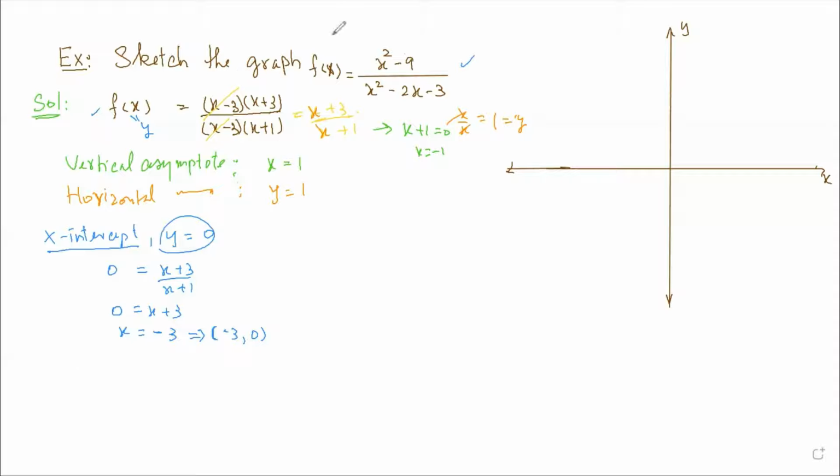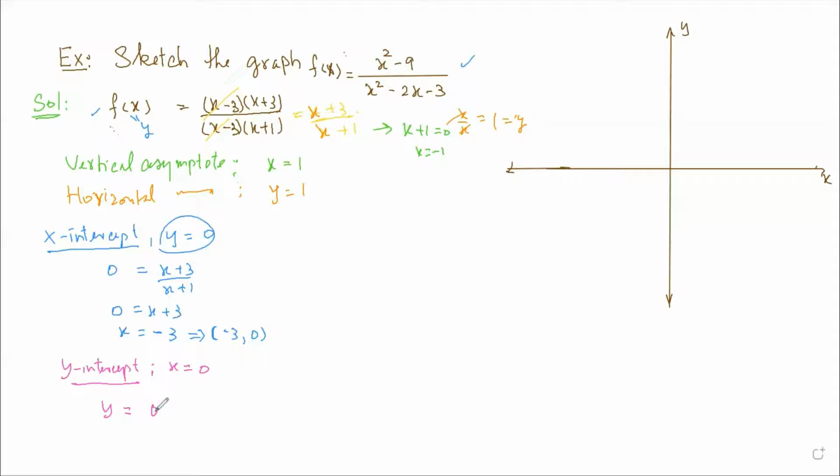Now we go to get the y-intercept. The y-intercept means x equals 0. Okay, again, replace in this function, or this one, up to you. So y equals, replace every term of x with 0. So I replace here.